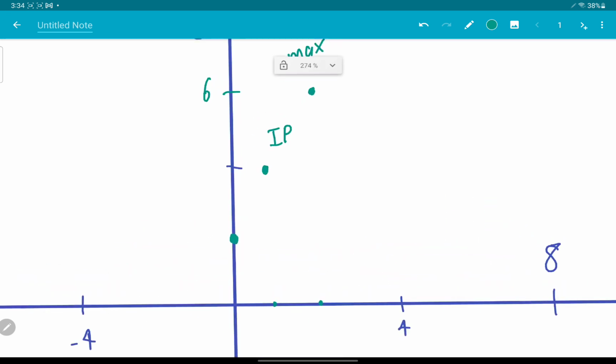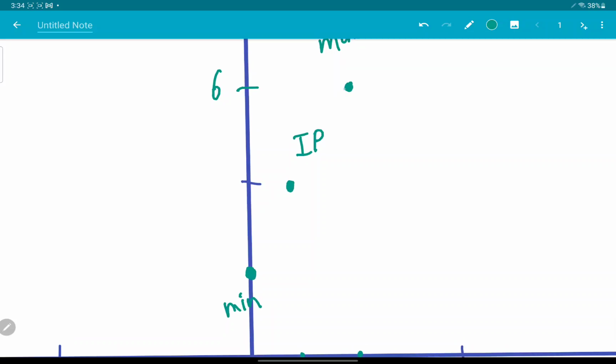Let's zoom in here. Max here. Got a min down here. So I can just go ahead and draw these maxes and mins. Now I have an inflection point right here, so my concavity should change.